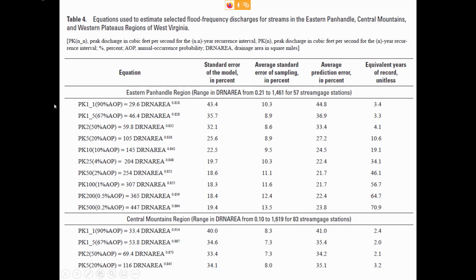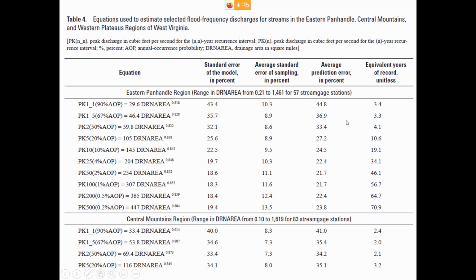So for each of these different equations, you could find the 2-year storm, the 5-year storm, the 10-year storm, and what you're putting in is the area of the watershed in square miles, and it gives you CFS. And then all the stuff over to the right is just giving you an idea of the statistical quality and what your error is going to be.